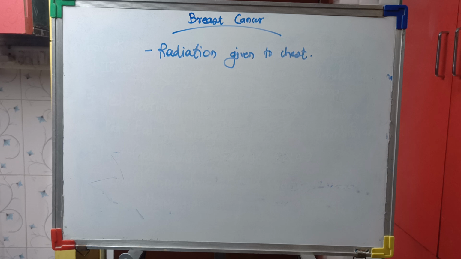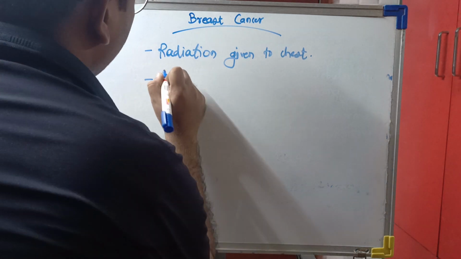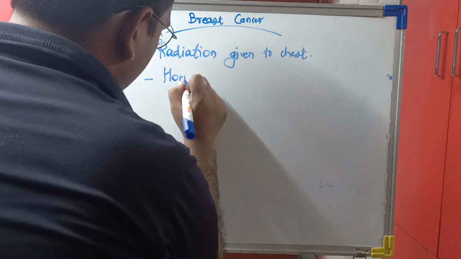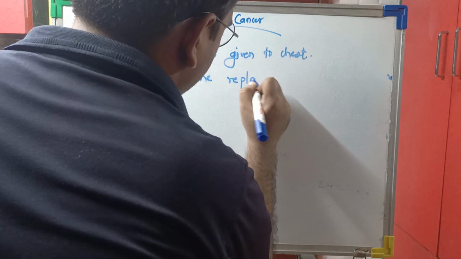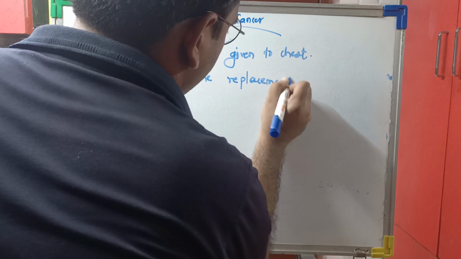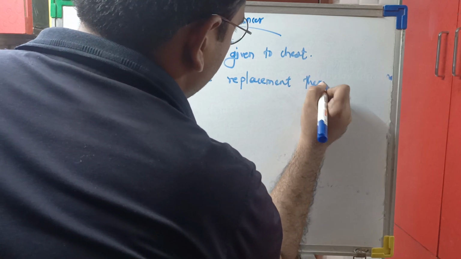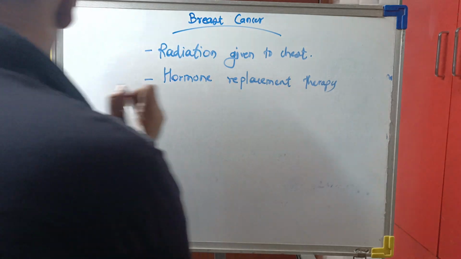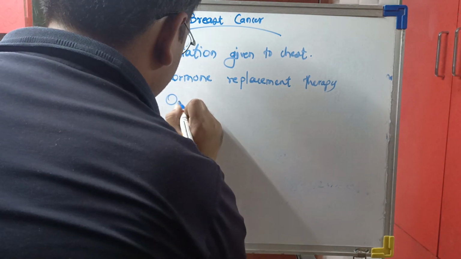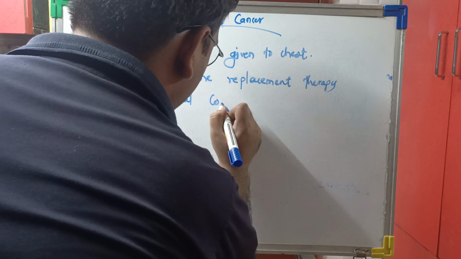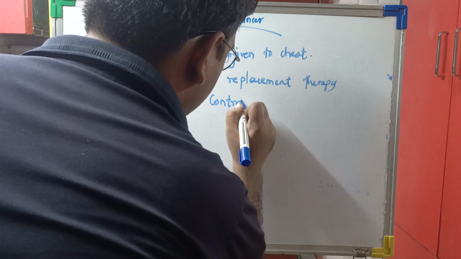The hormonal replacement therapy: if any woman has taken the hormonal replacement therapy, she may have chances to develop breast cancer. The use of oral contraceptives may trigger this disease.